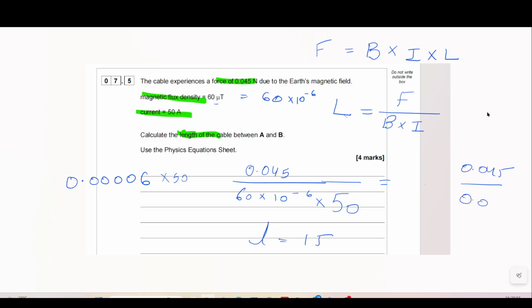Exactly. State one assumption you made in your calculation.